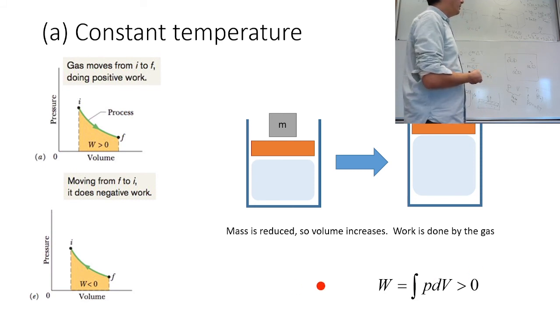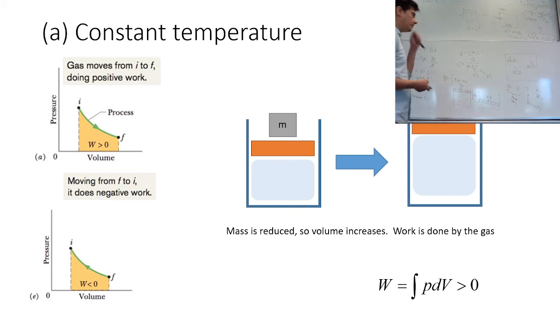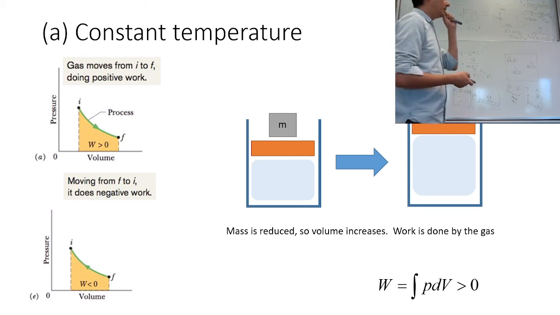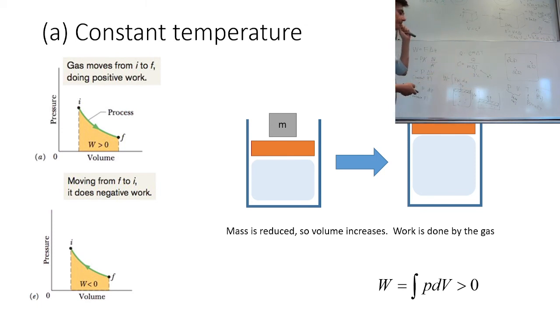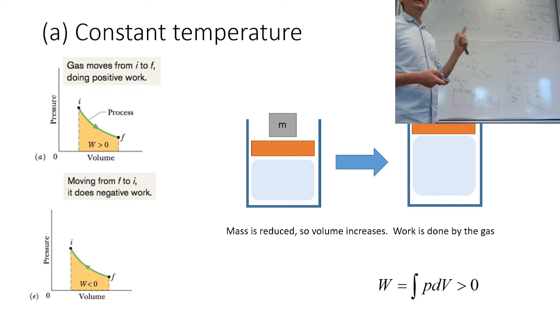If we were to go in the opposite direction, like going from here to here, replacing this mass with a heavier one, then the work would be negative. So the work done by the object will be negative, meaning that it's actually going to be a gain in energy.